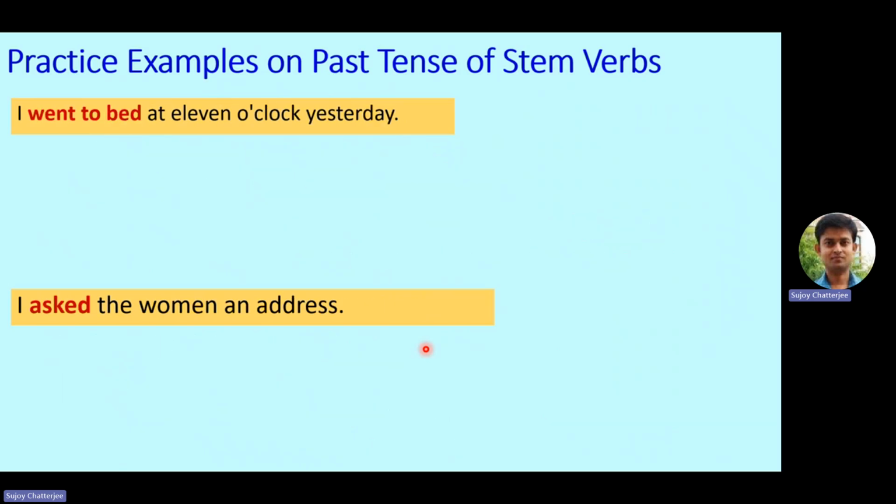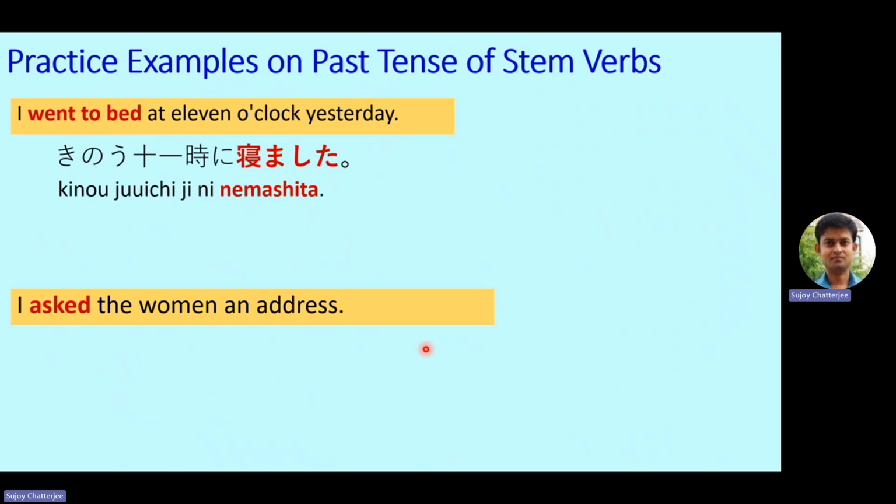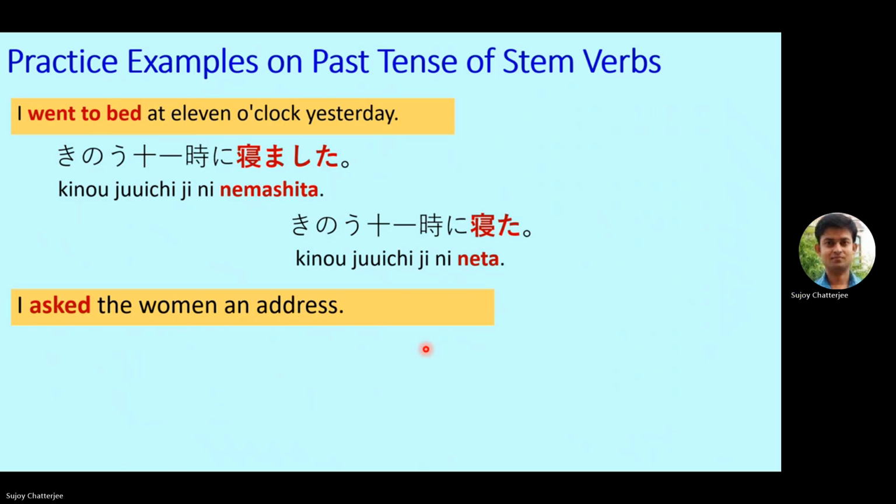I went to bed at 11 o'clock yesterday. Kino 11時 ni nemashita. Again, it becomes kino 11時 ni neta. This is again a group 2 verb. Nemasu, neru.